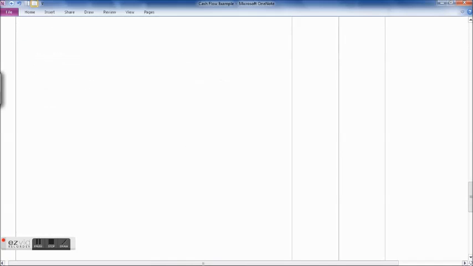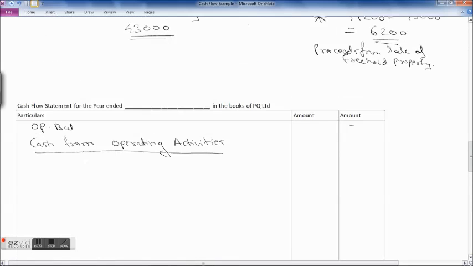We'll leave some space again, and then we'll have cash from financing activities. Now we will see all the adjustments and the transactions one by one.